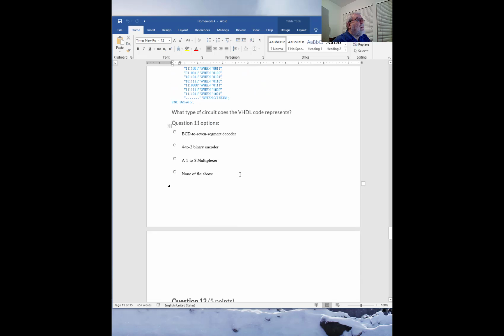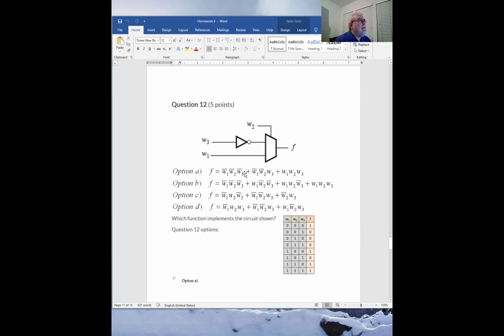Okay, question 12. We go back to multiplexers, and again the same thing. In this case, I also work with the truth table, because we are generating expressions that are easily grabbed from the truth table.